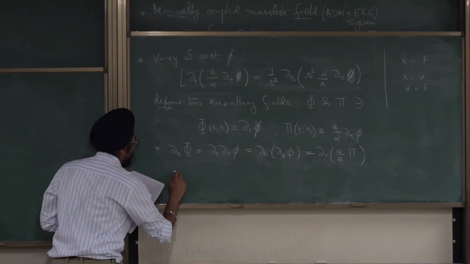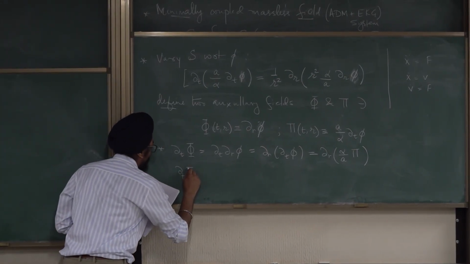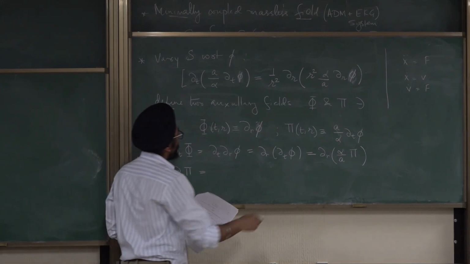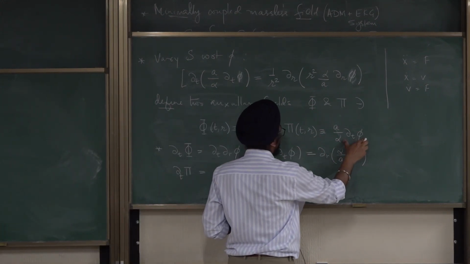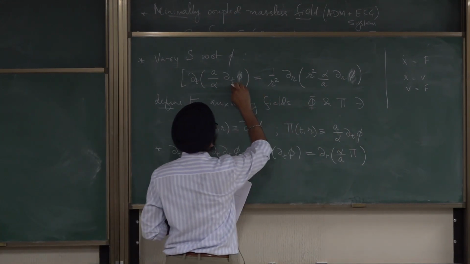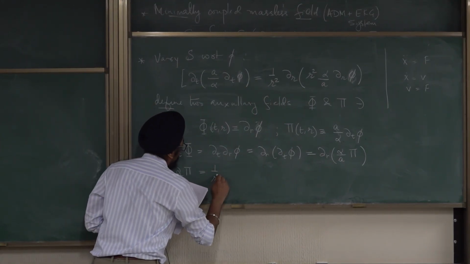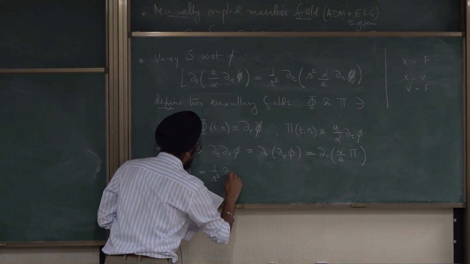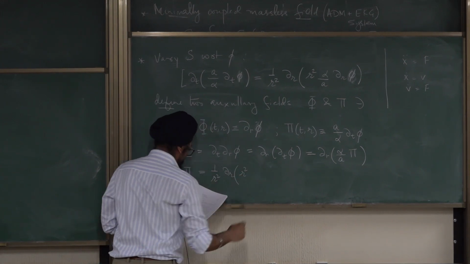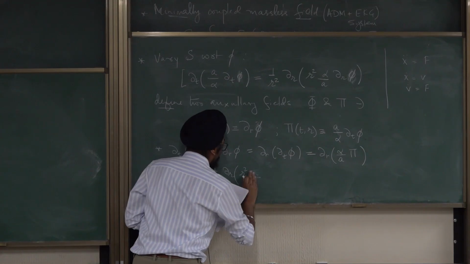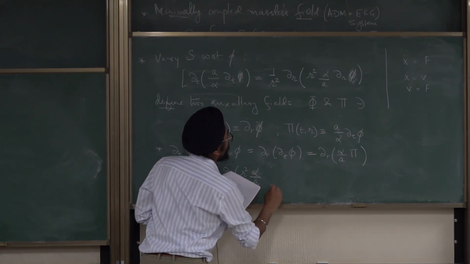And you have del t of pi, which essentially comes from the fact that pi is this, del t of this is this, which is this. So it's 1 by r square del r of r square a by alpha times del r phi.